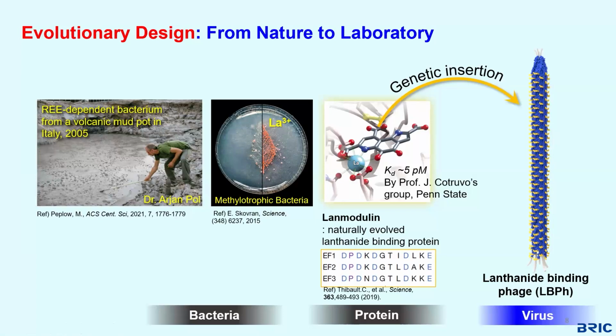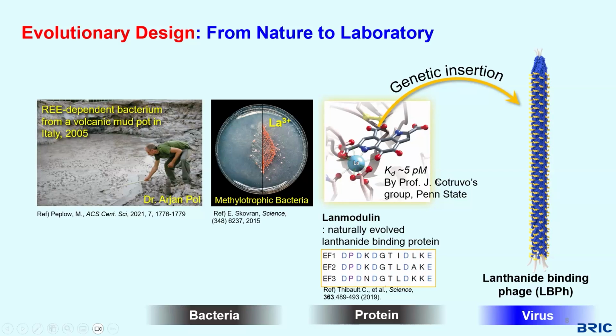It was not on purpose, but he found that a certain bacteria, for example, methylotrophic bacteria, can survive only with lanthanum. It is very interesting because rare earth elements are much, much scarcer on Earth compared to other metal ions, but some bacteria can survive only with these lanthanides, right?